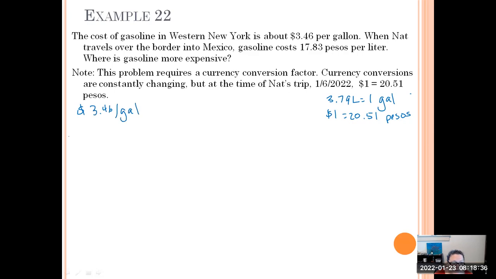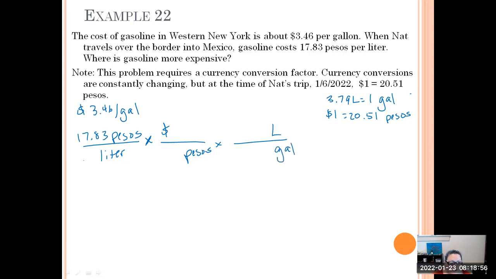The other one is 17.83 pesos per liter. We have two conversions to make here. We need to go from pesos to dollars, and from liters to gallons.